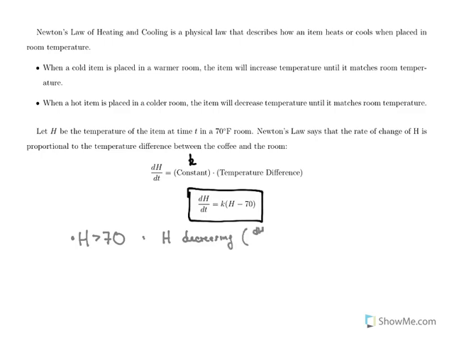That means that dH/dt is negative. And when H is less than 70, we're going to have that H is increasing. That means that dH/dt is positive. But it's approaching this value of 70, and we're going to look at that idea on the next page.